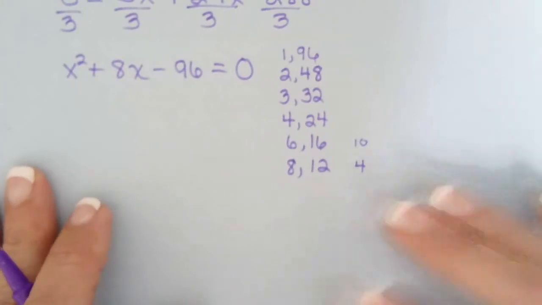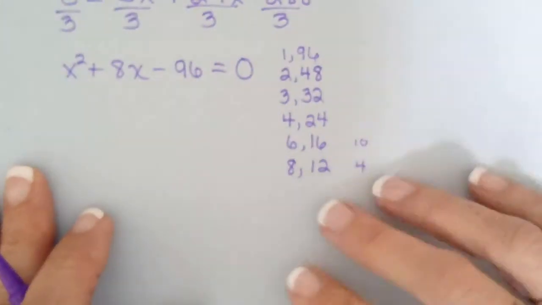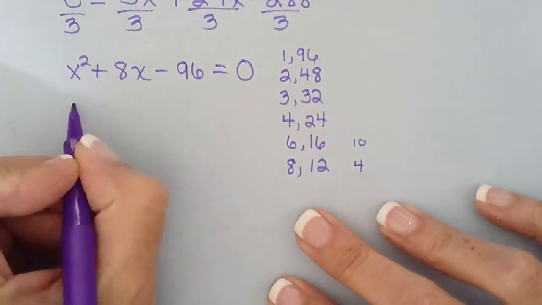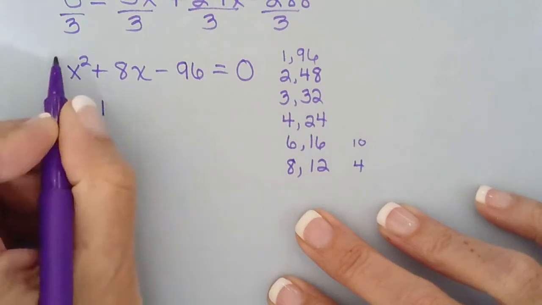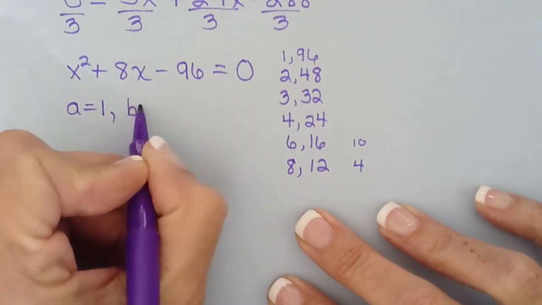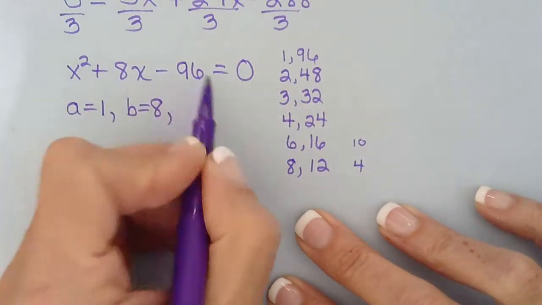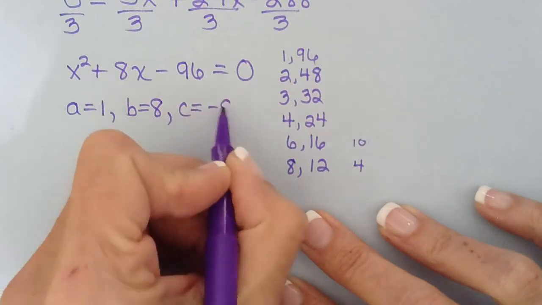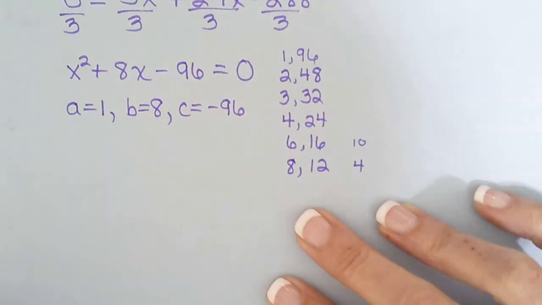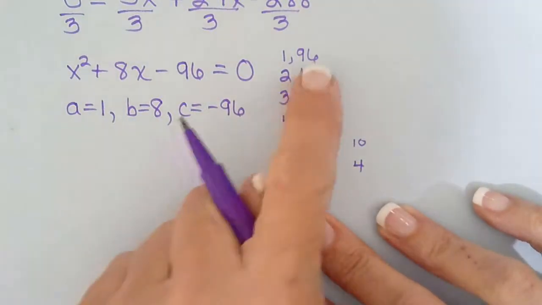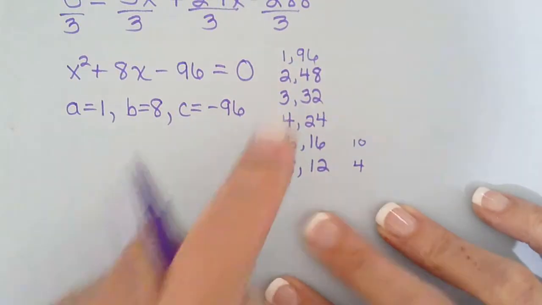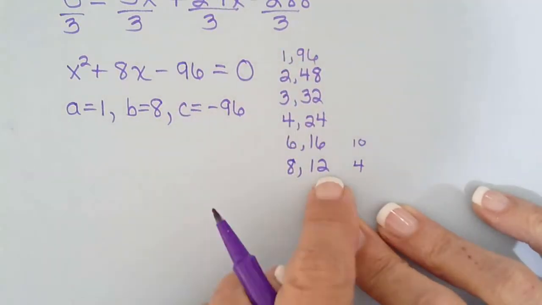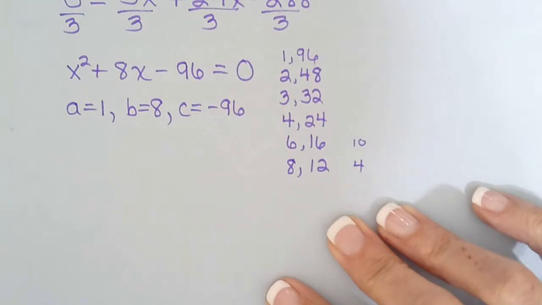So we have, focus here, A equals 1, B equals 8, C equals negative 96. So now you can see why we have to have the quadratic formula, because some things don't factor. There's no factors of 96 that subtract to 8. So plan B, quadratic formula.